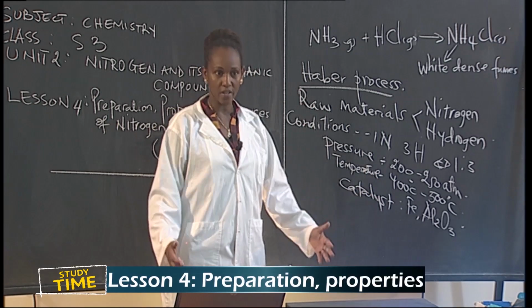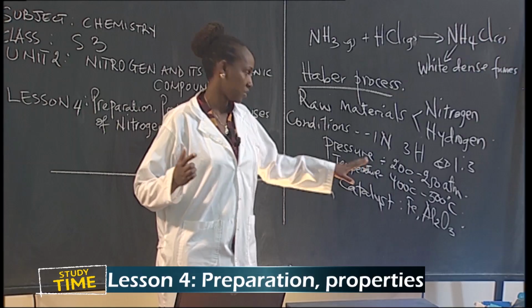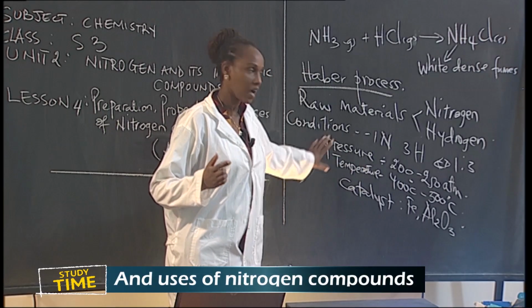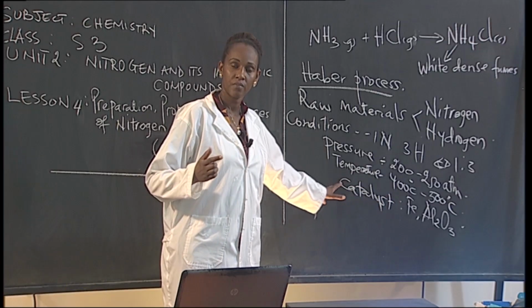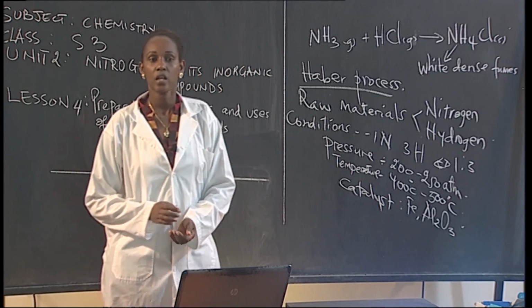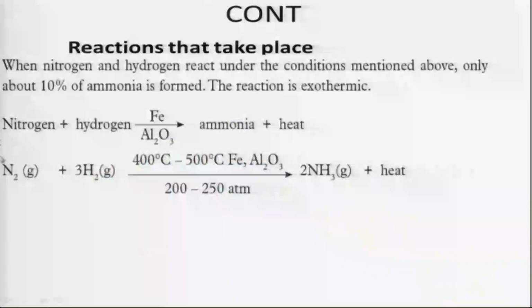When these conditions are available, and the nitrogen and hydrogen are in the ratio of 1 to 3, the reaction forms nitrogen with hydrogen to get ammonia gas and some heat. This reaction is exothermic.